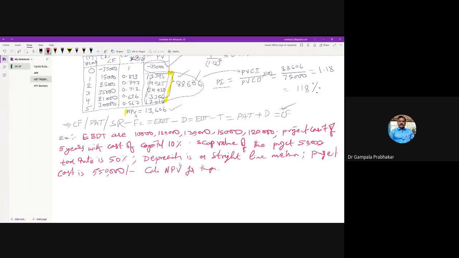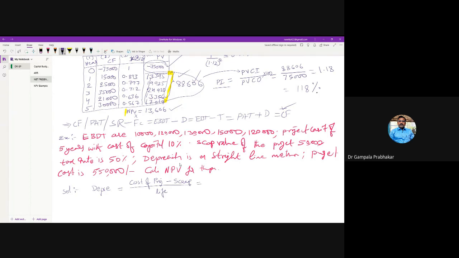So now let us calculate depreciation. Depreciation is equal to cost of project minus scrap value by life of the project.